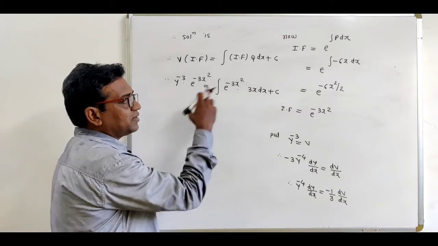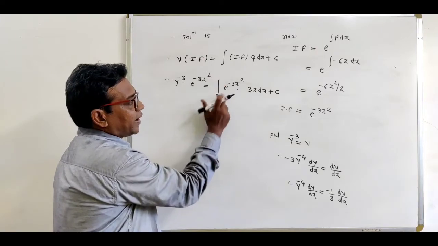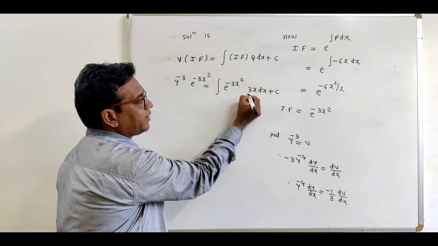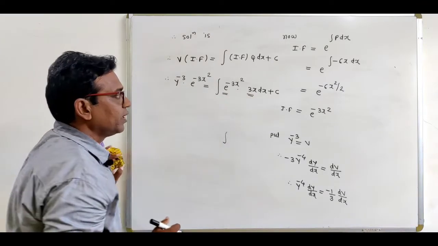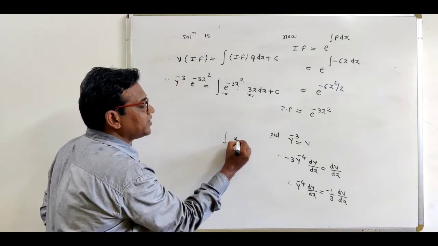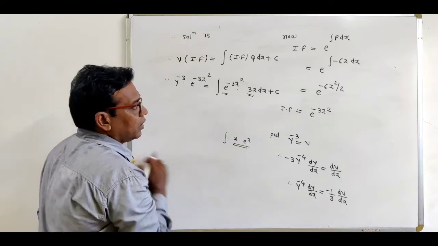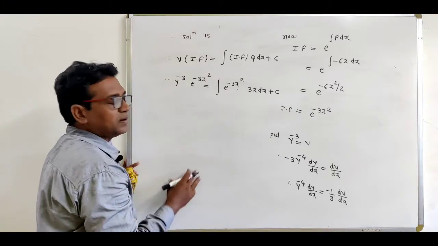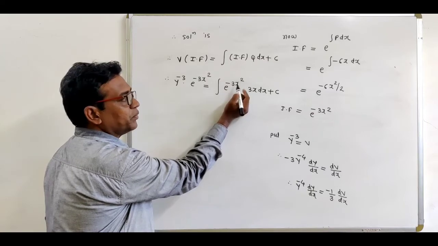If you observe the given integral, this integrand contains the product of an algebraic term and an exponential term. Now see how to solve such a type of integral. What is the method? Just put this exponential power equal to t.